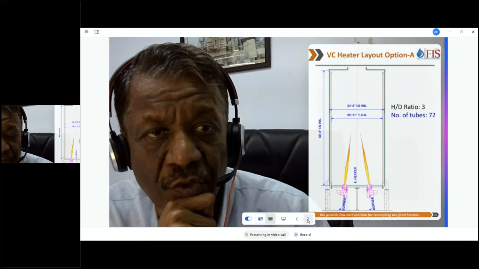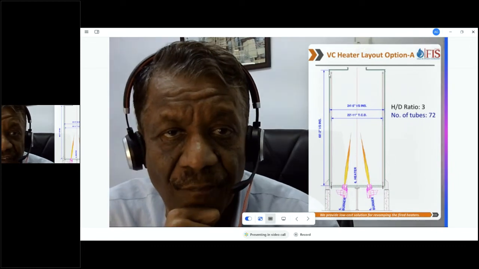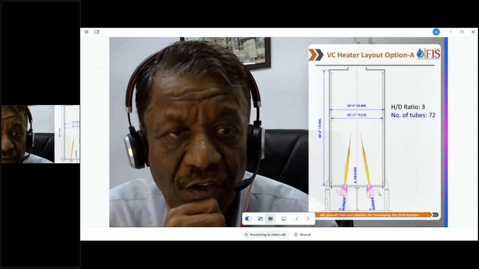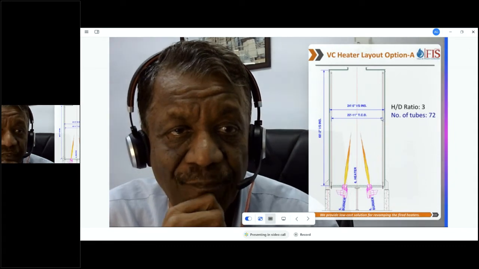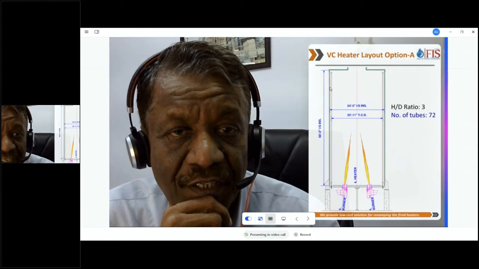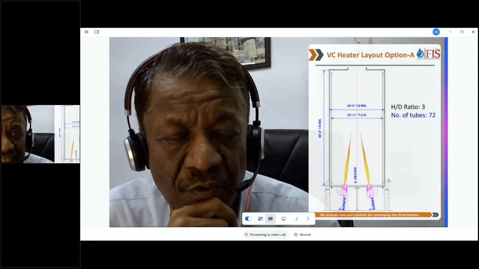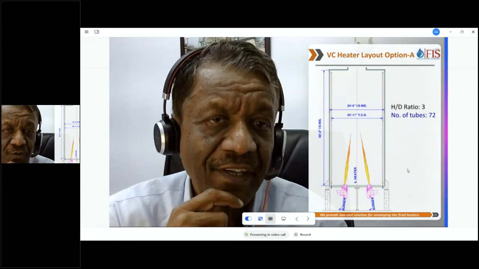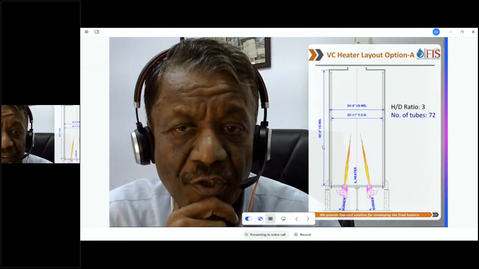So this is the first design, which is H by D of 3. So 72 tubes, 68 foot length. We looked at it, but we did not like it. We found the burners are very close to the tubes. We don't want to give this heater.